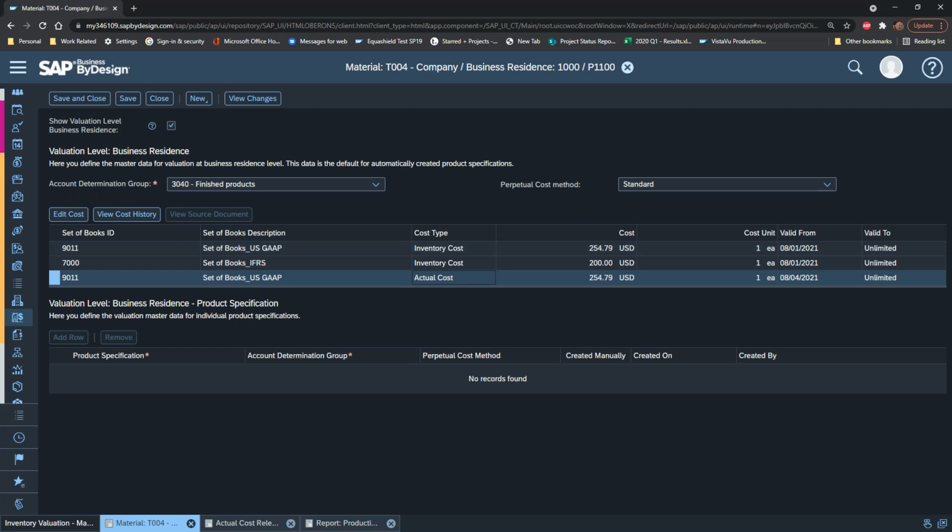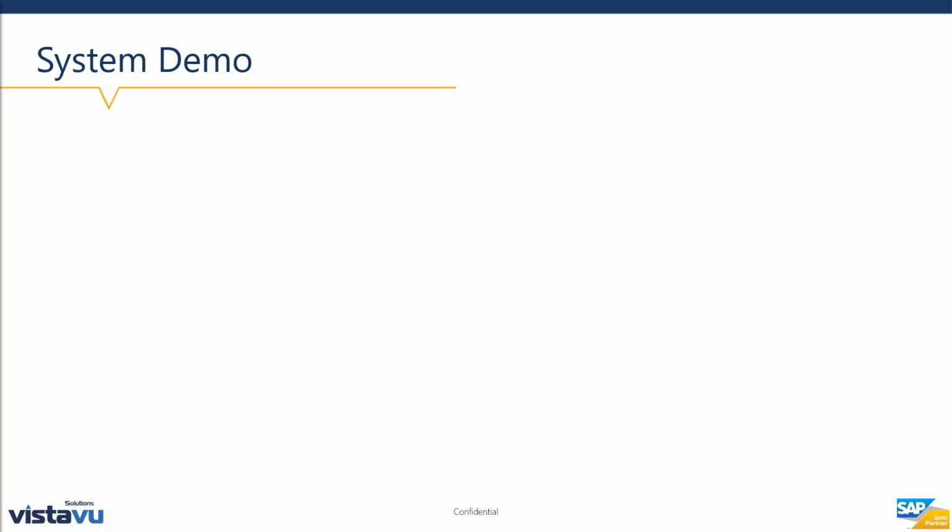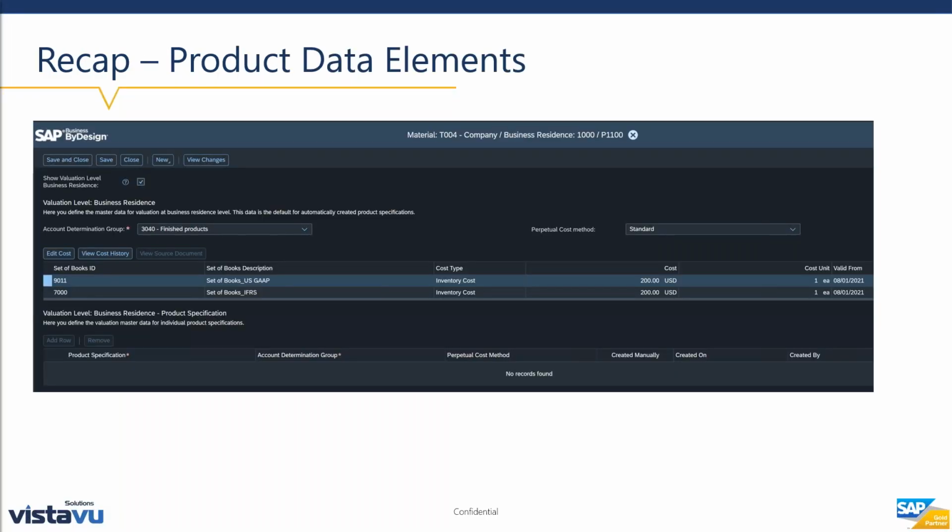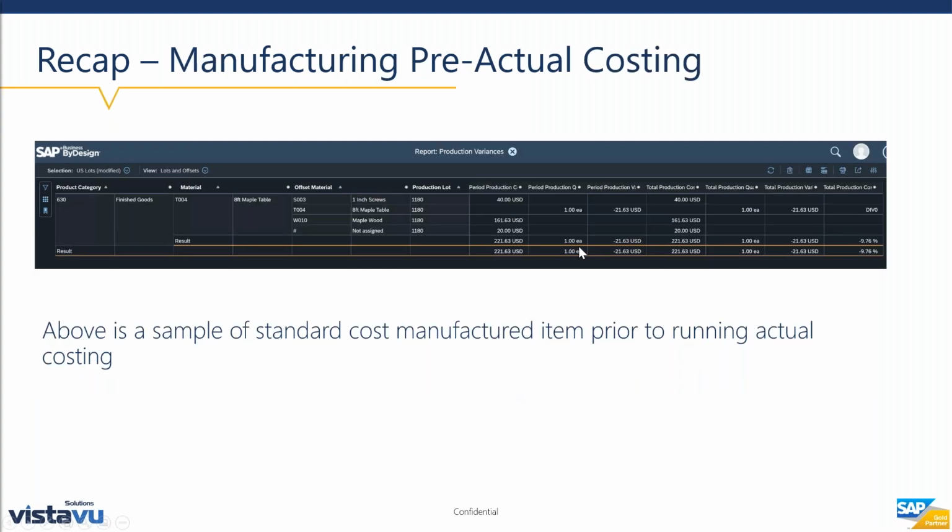Let me just go back to our presentation for a moment here. So just a quick recap. I showed you originally the value of that item, standard cost of $200. I showed you a manufacturing event that happened.